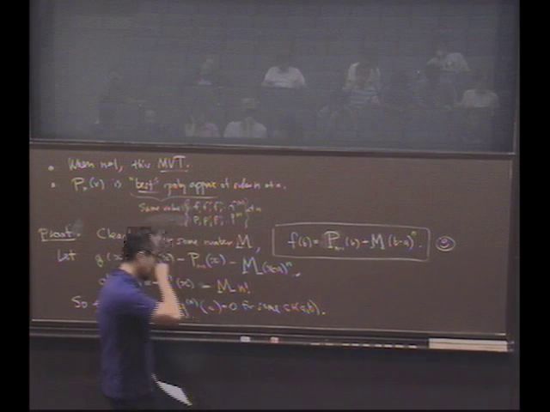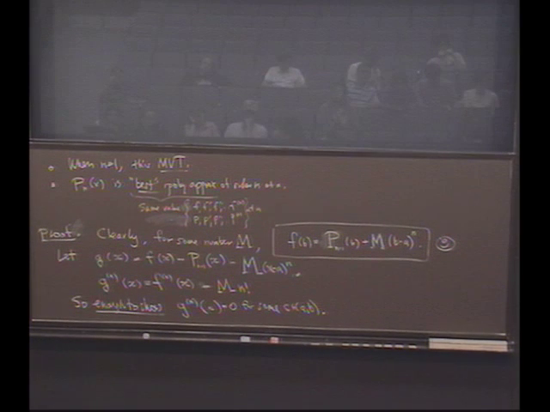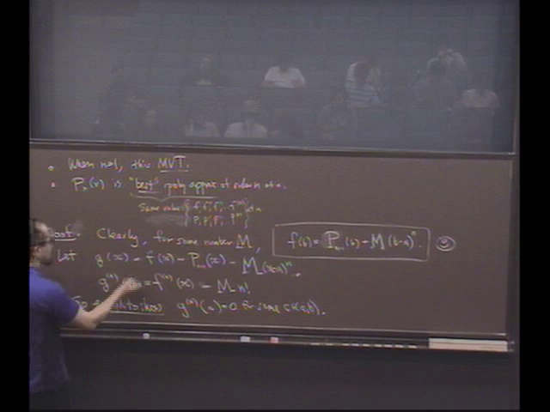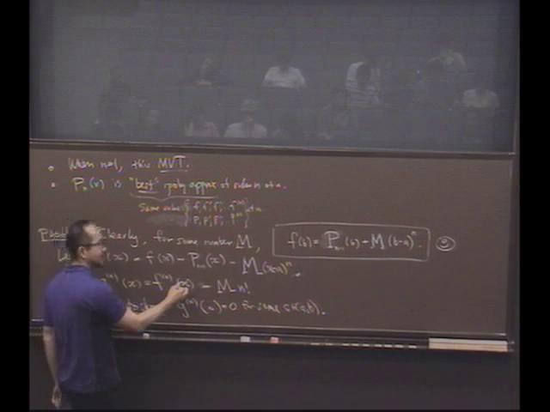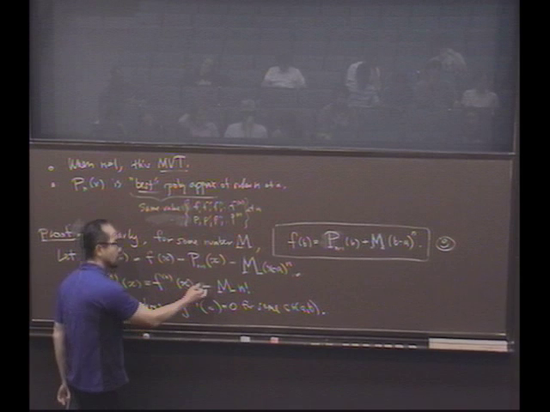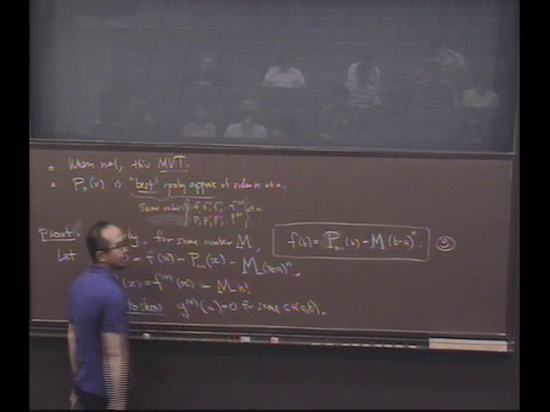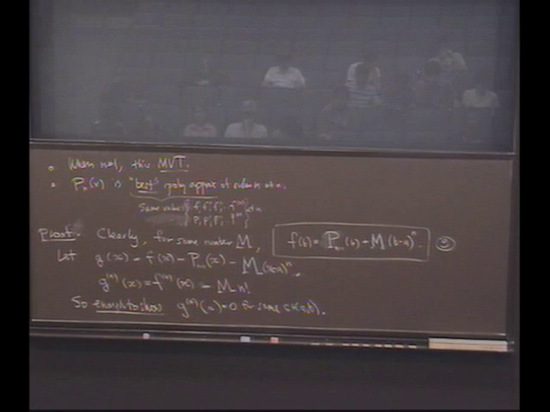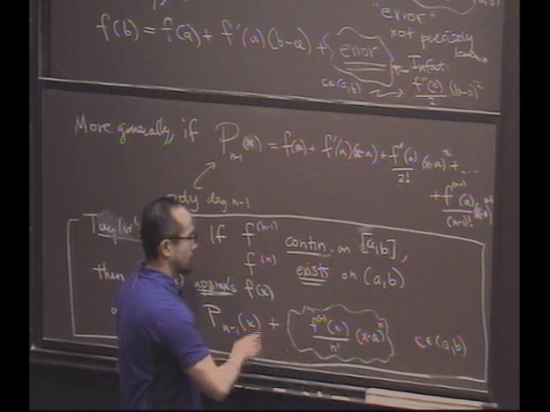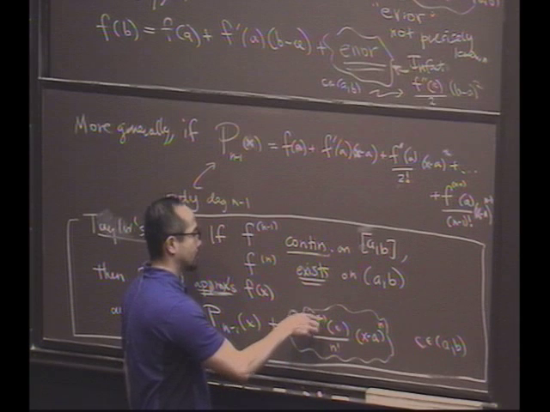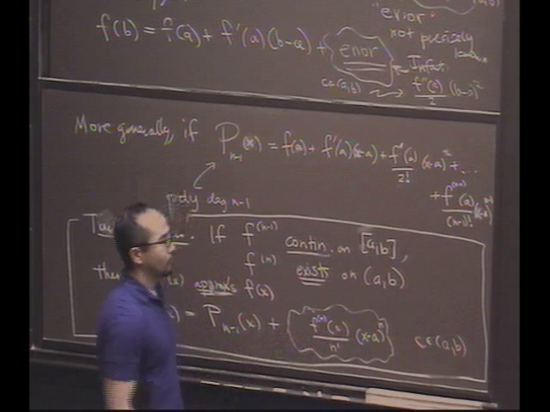Why would that be enough for what I'm interested in? If I could show that this creature were 0 somewhere, that would make f n of c equal to m times n factorial. So that would establish that m is in fact the nth derivative at some point c over n factorial.